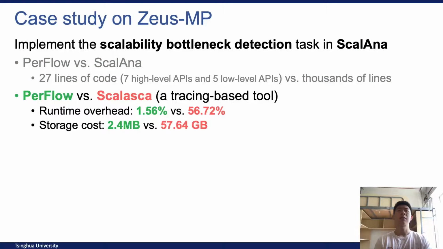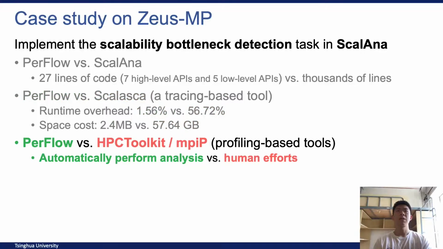Compared with a tracing-based tool, Scalasca, PerFlow only incurs extremely low runtime overhead and storage cost. Besides, PerFlow can automatically perform analysis tasks, but profiling-based tools, HPCToolkit and mpiP, still need human effort to detect scalability bottlenecks.